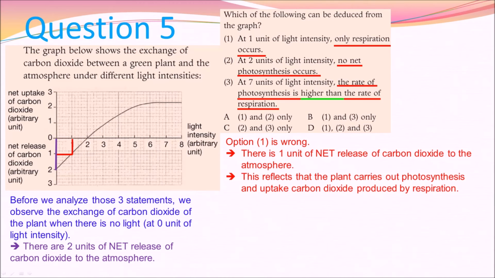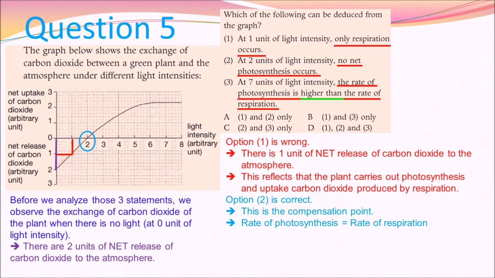And then for the second one, at 2 units of light intensity, no net photosynthesis occurs. In this chapter, you always see the word net. It has a special meaning, right? At 2 units of light intensity, it is actually the compensation point. At the compensation point, the rate of photosynthesis is the same as the rate of respiration.